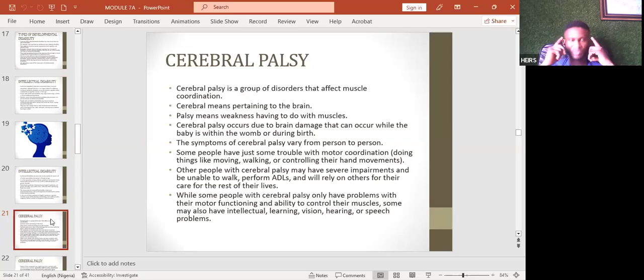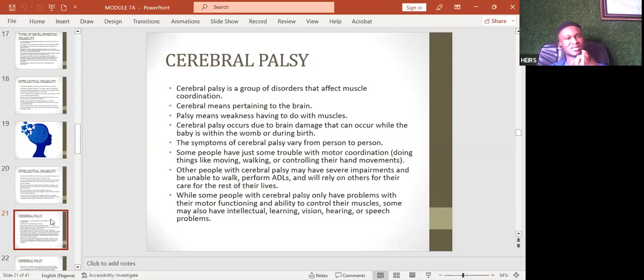If anything happens to the brain that affects the motor functions, it may impede the function of certain parts. When we say cerebral palsy, it is a disorder that happens in the brain. It happens here, but it doesn't affect the head or the eyes. It affects what? Muscle coordination.